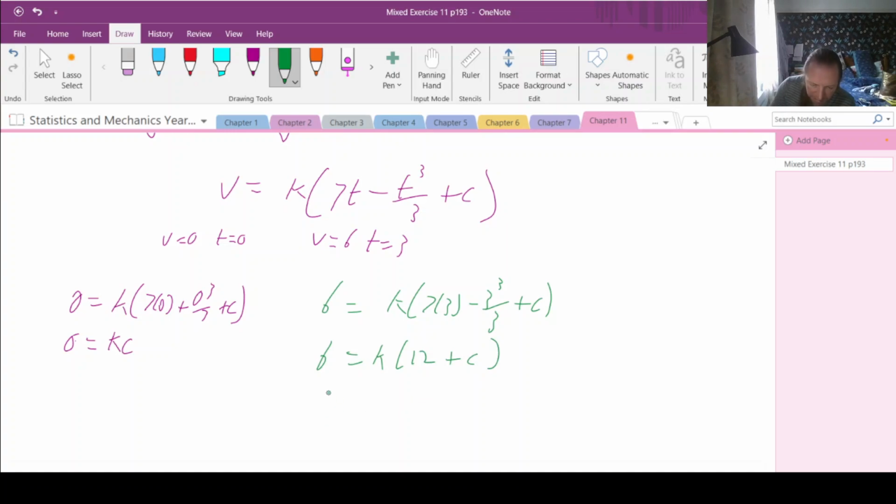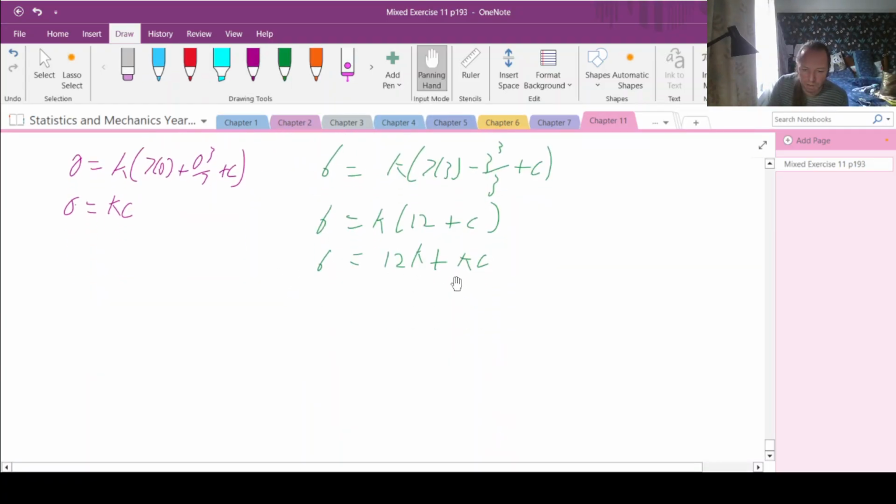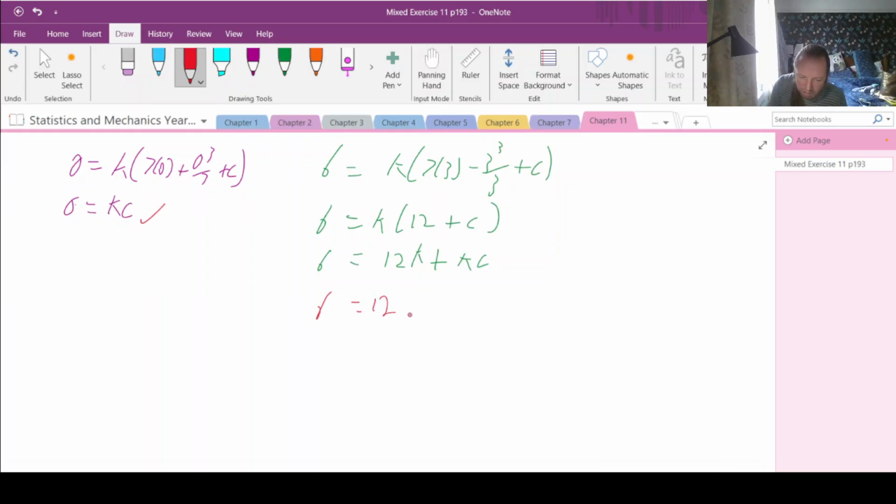And so I can say 6 equals 12k plus kc. Can I solve those two things? I think I can. Since I know that kc equals 0, I can say 6 equals 12k plus 0.